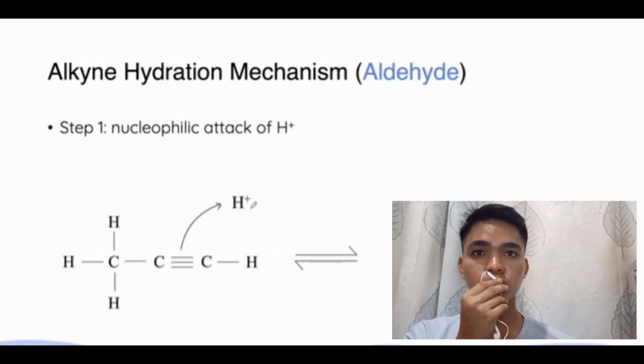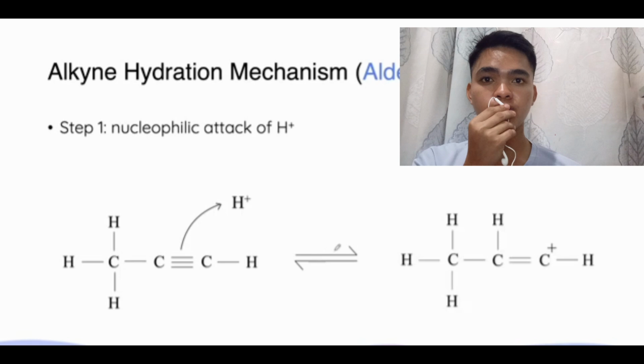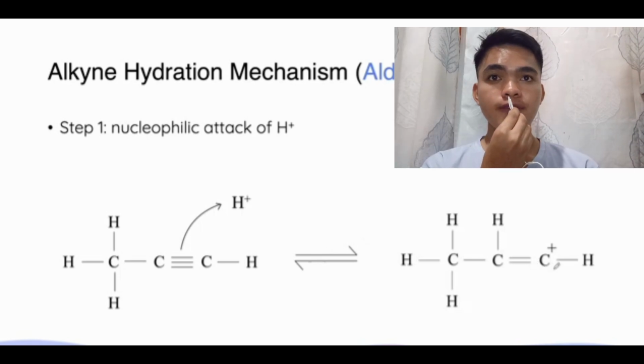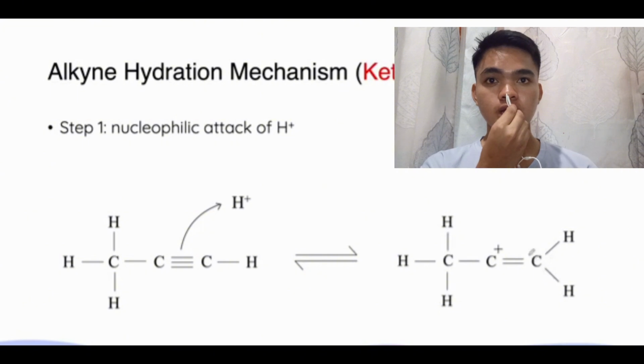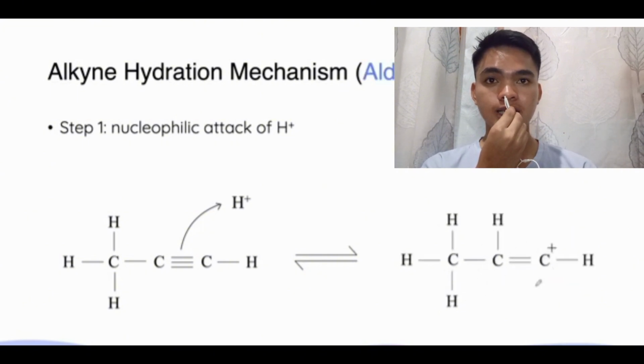This is similar to what we saw in step 1 for the hydration mechanism that forms a ketone, and we end up with the formation of a carbocation intermediate. However, let's compare this one with the one for ketone. We notice that the carbocation is now in the 1 position, whereas previously we saw that it formed in the 2 position. This is what is going to be significant about the formation of the aldehyde.